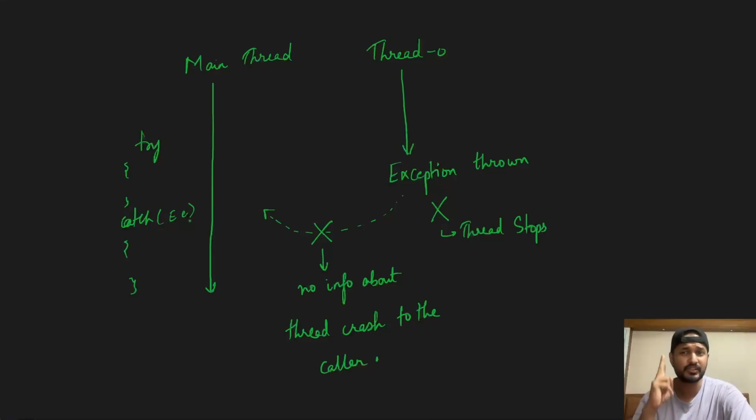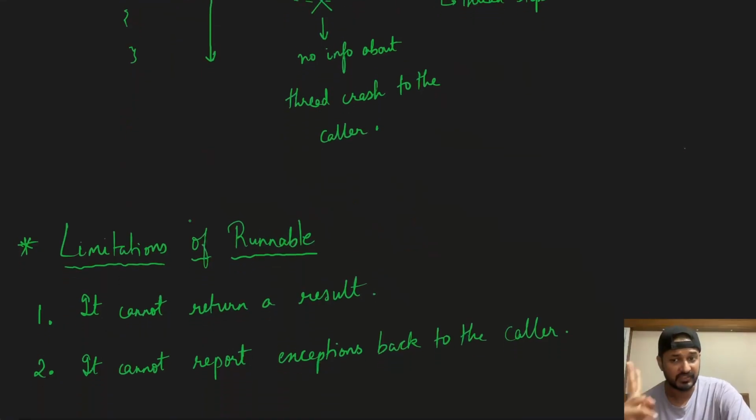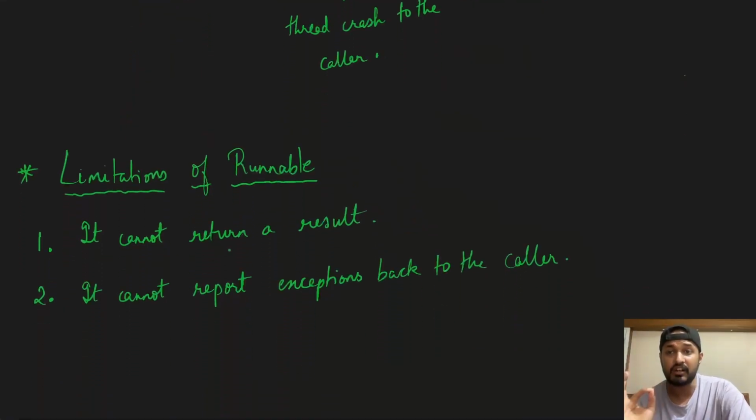So Runnable has two major problems. The first problem is it cannot return a result and the second problem is it cannot report exceptions back to the caller. And that's exactly why, my dear friends, Java introduced Callable and Future.